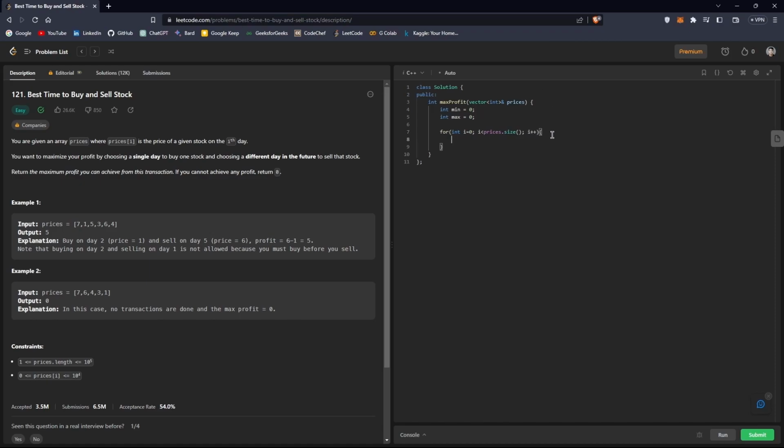Now I get min plus equals, sorry, I made the same typo again, prices of i minus prices of i minus 1.